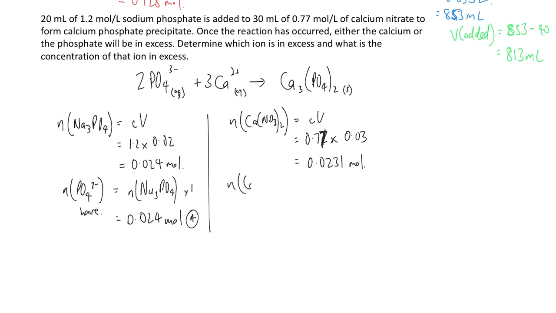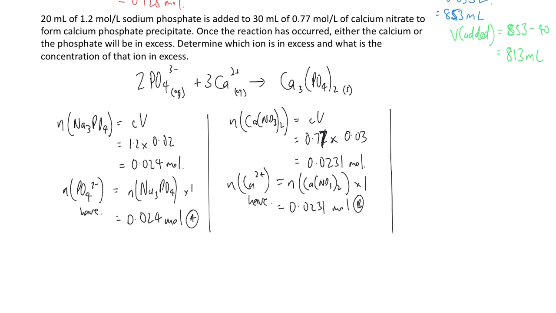The number of moles of calcium 2+ ions will be equal to the number of moles of calcium nitrate times 1, which is 0.0231 moles again. That'll be B. Okay, so this is the amount that I have. Remember to do limiting reagent. I've got to work out the amount that I need of one of them.